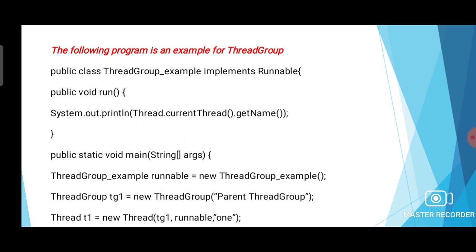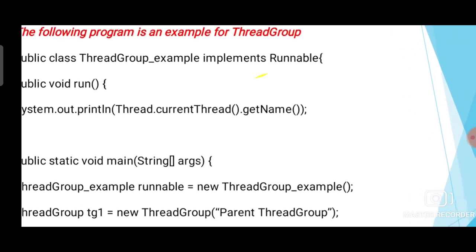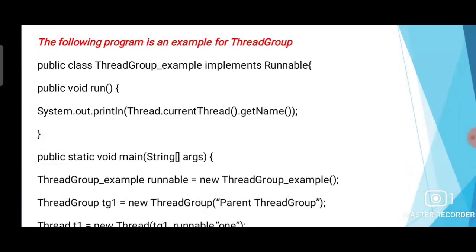Inside the run method, we will have the code associated with the thread. Whatever we want to execute related to the thread, all that code will be kept under the run method. In our example program, in the run method, we have only one System.out.println statement.